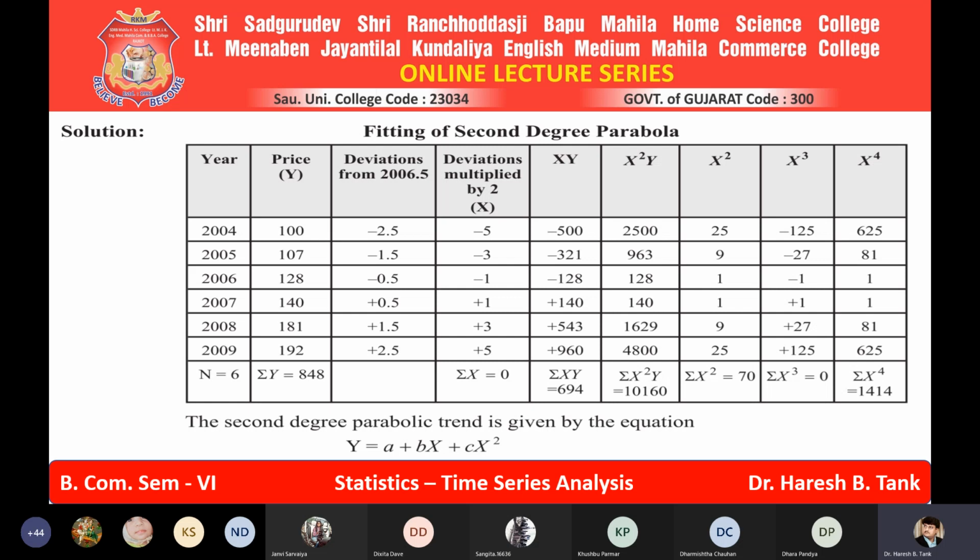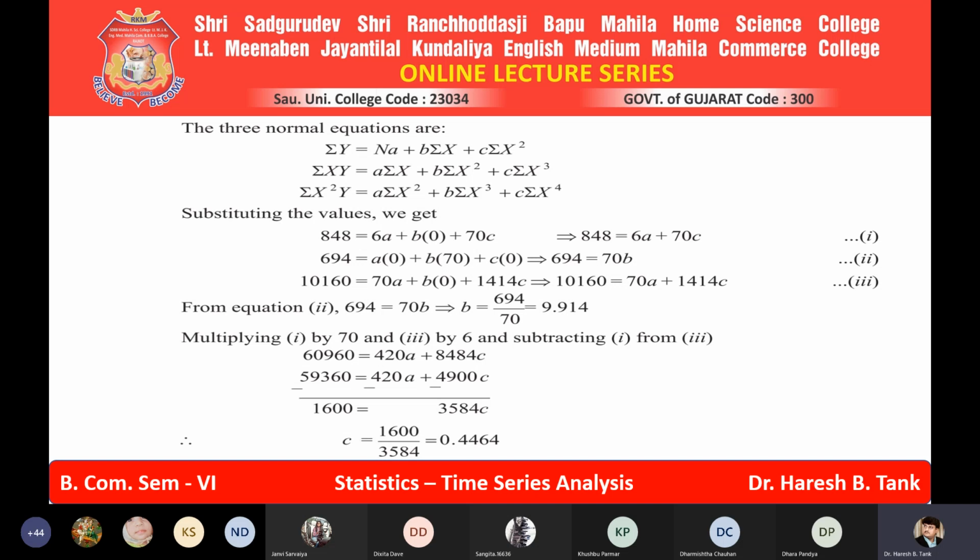Once you get all these values, naturally you have to substitute them in the different equations, meaning those three equations which we have found just now. Here summation of x is 0, so automatically summation of x cubed tends towards 0.